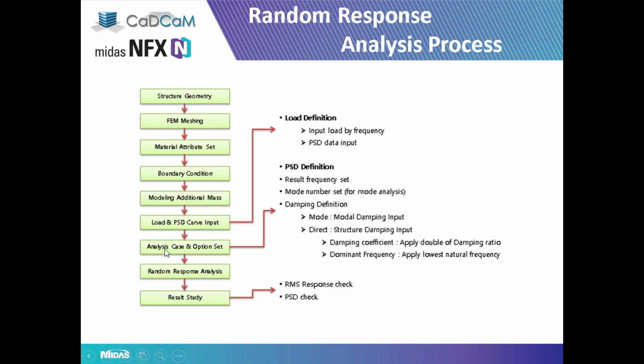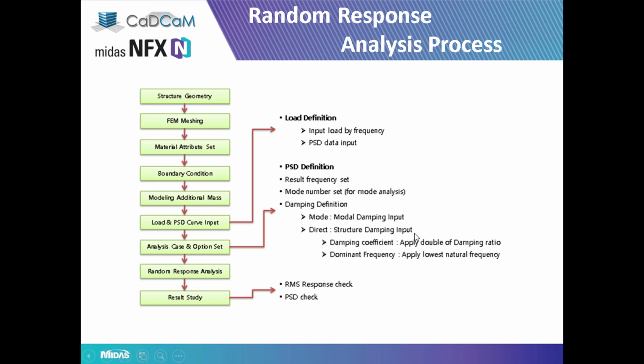Of course, we should define the analysis case, which is random analysis. The option to set is to define the damping of the system. Actually, if it's an assembly, it's 5%. If it's a single part, it's 2%. And we can define the damping as a function of frequency also.